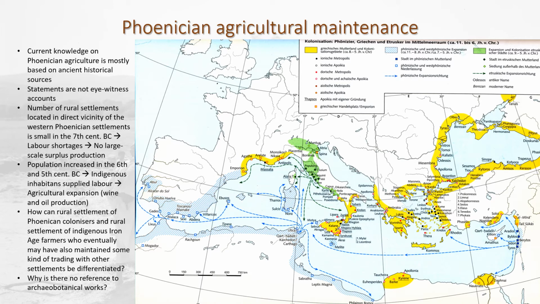It is also unclear how far the indigenous inhabitants of the Circum-Mediterranean have supplied the labor required for agricultural expansion of particularly wine and oil production.